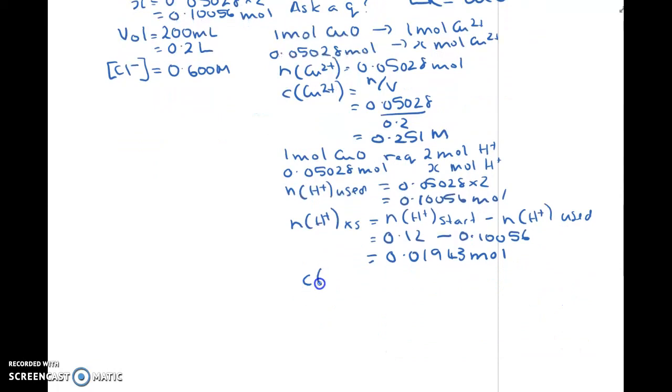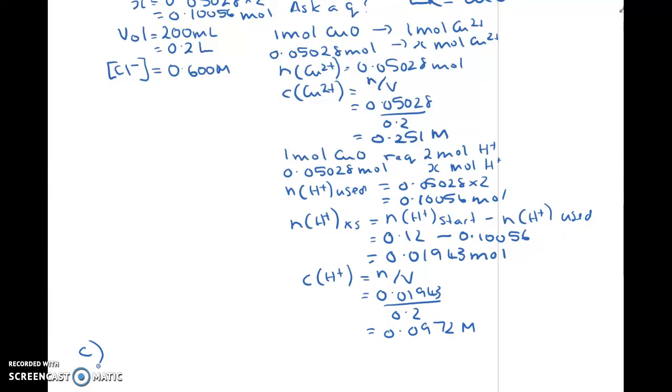So the concentration of the hydrogen ions is equal to number of moles over volume, which is 0.01943 divided by a volume of 0.2, and this comes out to be 0.0972 molar.